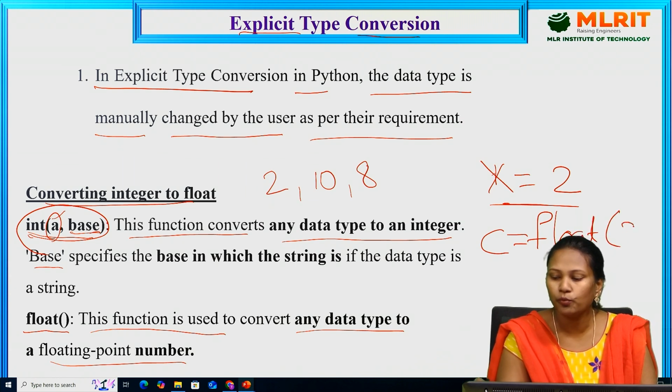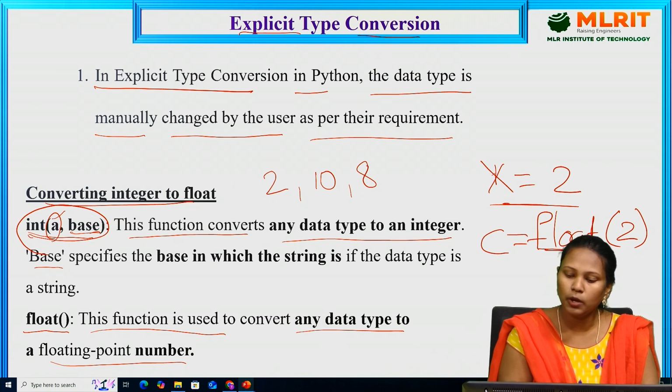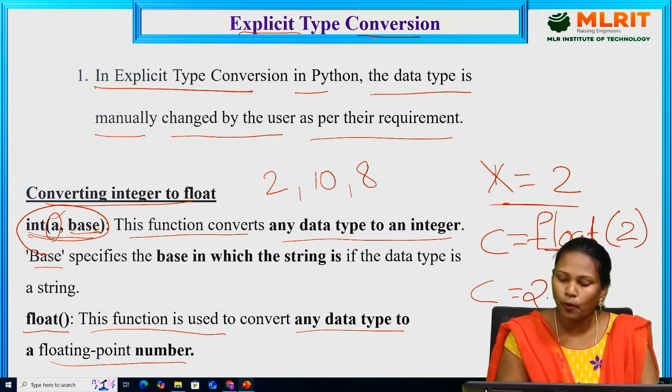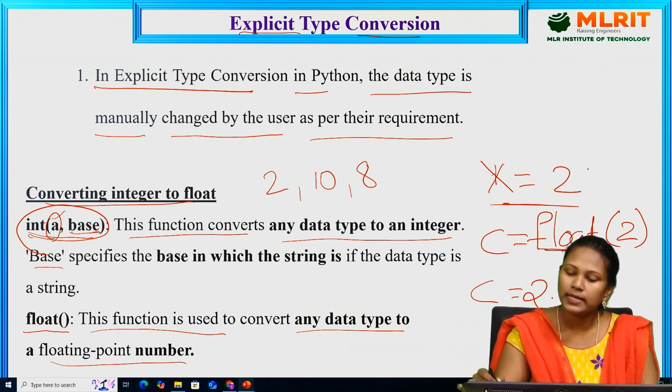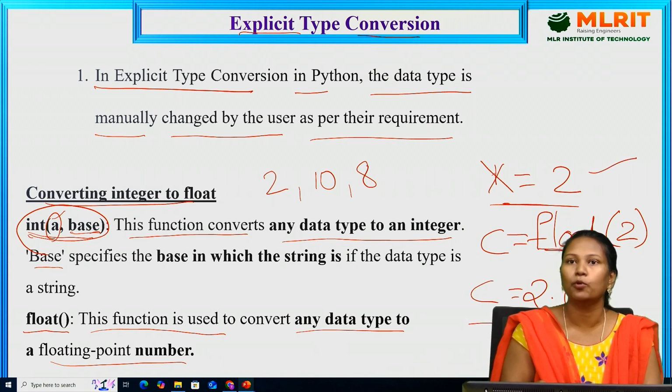Float of 2 means that with the help of the data type name we are converting. In whichever data type you need to convert, you have to wrap the value with it, float of 2. Now c stores the value 2.0.